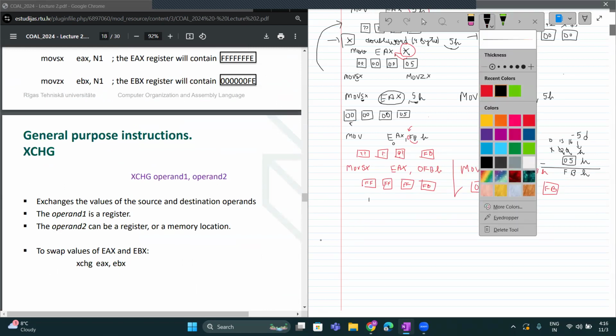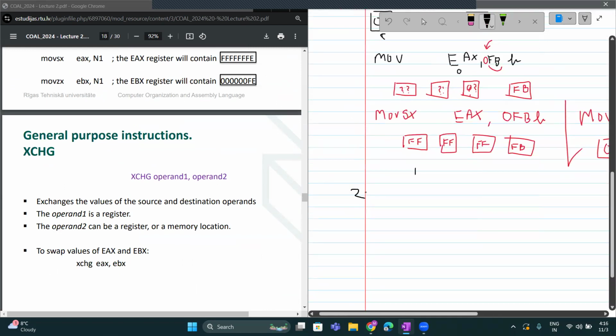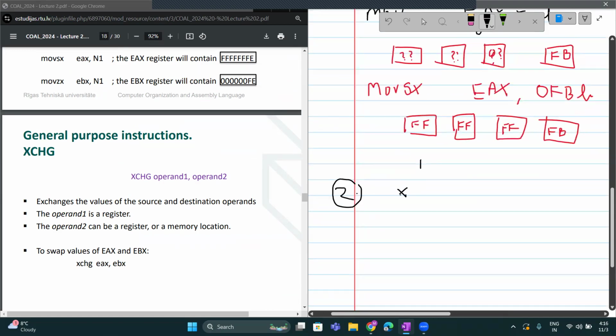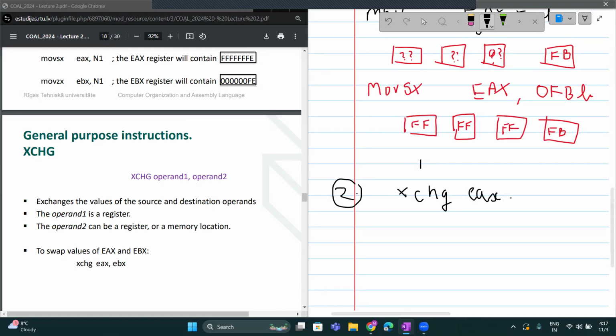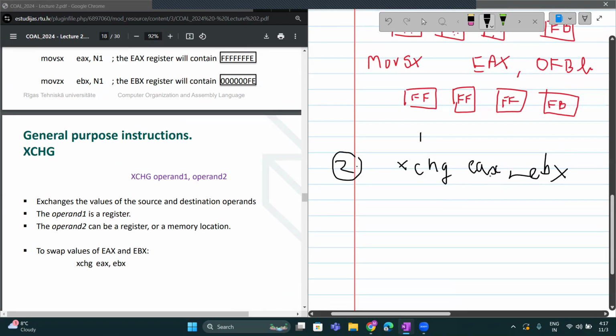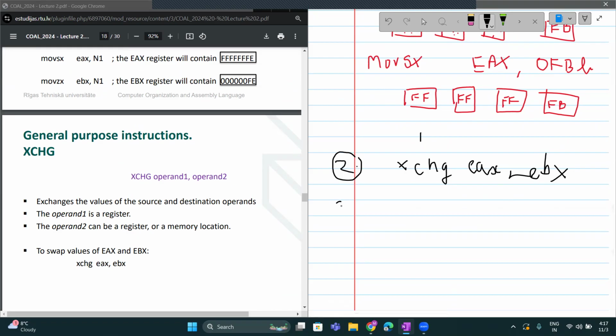So this is the basic instruction move. Now let's talk about exchange. It swaps the values of operand 1 with operand 2. So if EAX is 1 and EBX is 2, it will swap the values. It's direct, straightforward.